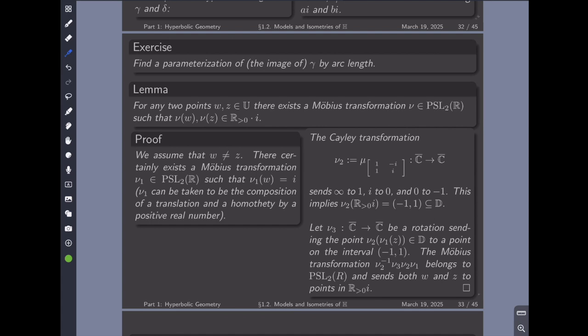What segment of circle? Well, I know that the vertical imaginary axis is perpendicular to R bar, so this segment is going to be perpendicular to R bar. That's the whole thing. And then the exercise is to show that for any 2 points in U, there is a Mobius transformation in PSL2R, so preserving U bijectively, that places them where I want.